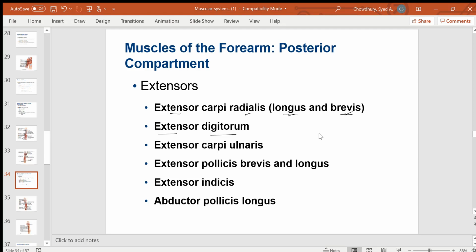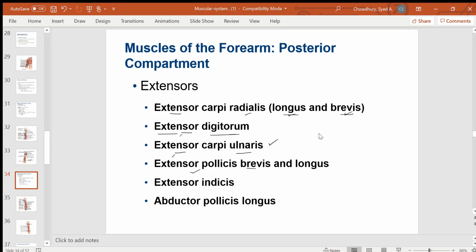Extensor digitorum will go to the digits, but from the back, and will cause the extension of the digits. That's why it's called extensor digitorum. Extensor carpi ulnaris on the ulnar side. Extensor pollicis will go to the pollicis, the back of the thumb.